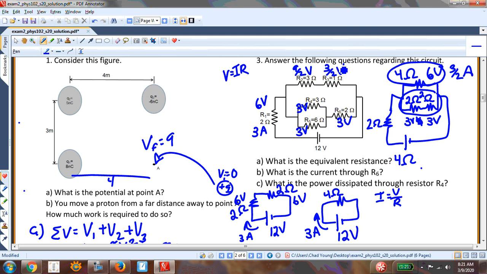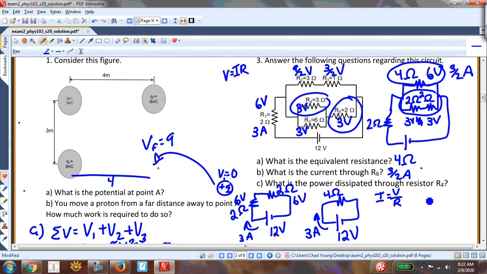Now I'm looking for the current through R6. So that's right here. The current is V over R. That's going to be 3/2 amps. And then if I want to know the power dissipated across resistor R4, that's this one.